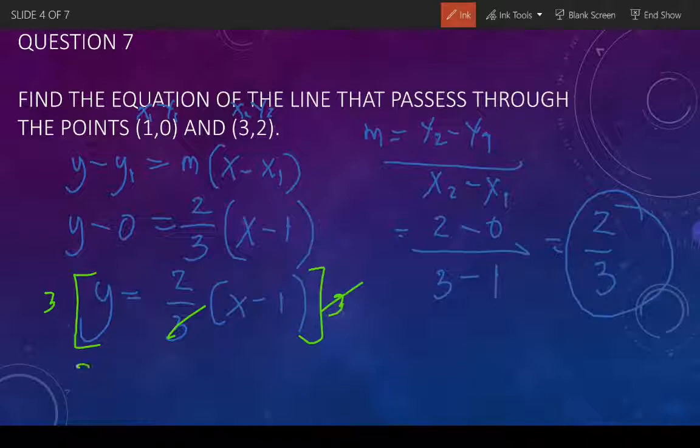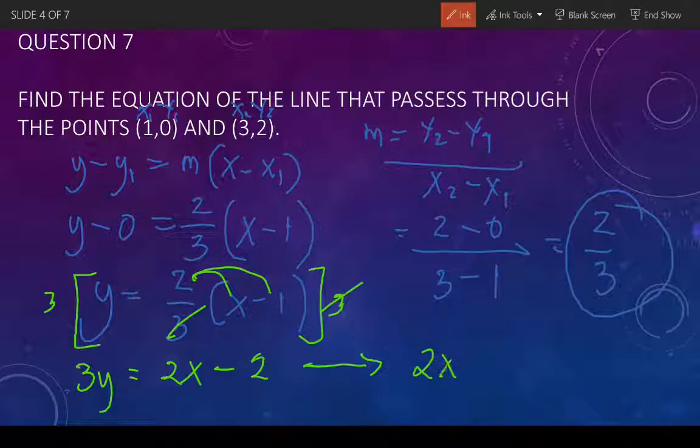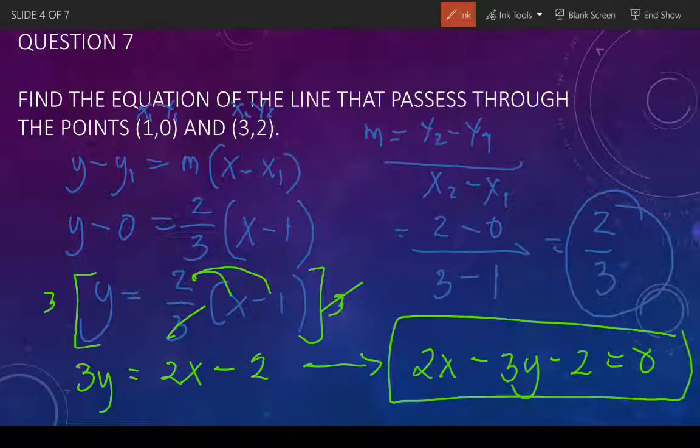So we'll have 3y is equal to 2x. Distribute natin minus 2. So our equation will be 2x minus 3y minus 2 is equal to 0. This will be our equation.